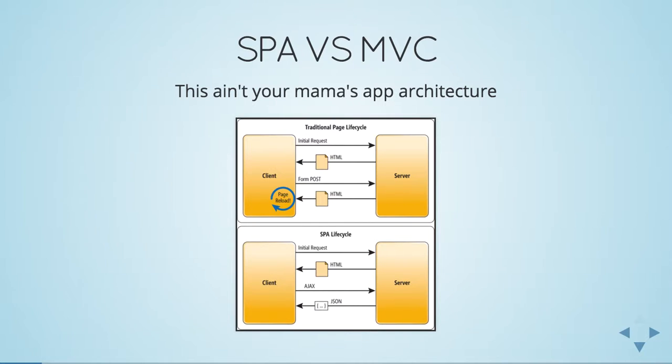So what this means is the DOM refreshes without an actual page update. So again, the major difference here is with an MVC, the application routing is handled server-side, whereas with single-page applications, client-side JavaScript is used for routing.